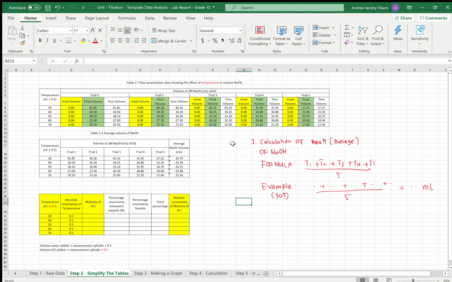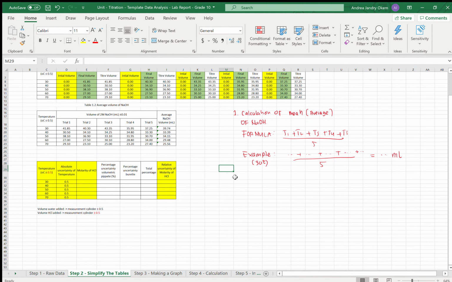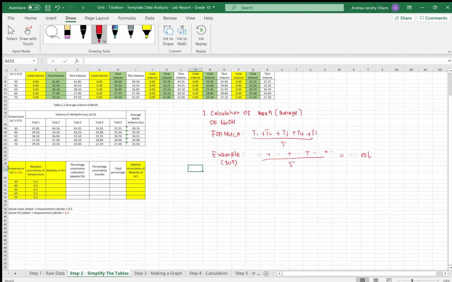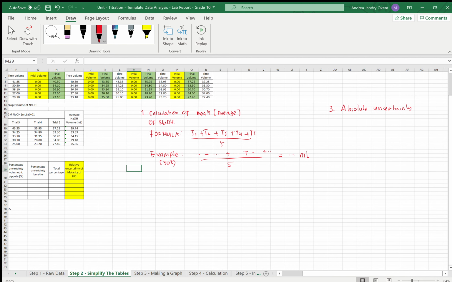Part 5, we are going to find the molarity of hydrochloric acid. But before that, you have already got the absolute uncertainty of temperature, so the third calculation or the third data that you have to find is the absolute uncertainty of your IDV.